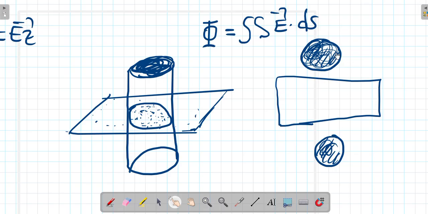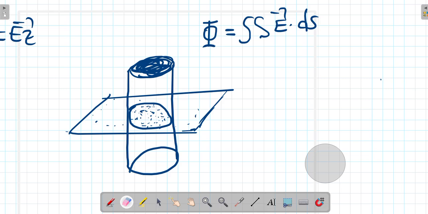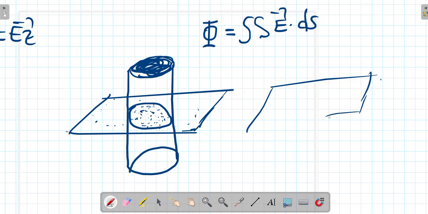This is a closed surface. The surfaces are put together and they form a volume, so you can apply Gauss's theorem. To apply Gauss's theorem, to begin with, you had a plane of charges. This plane of charges was not inside something, so you have to put them inside, and you have to use a surface that is going to be useful.